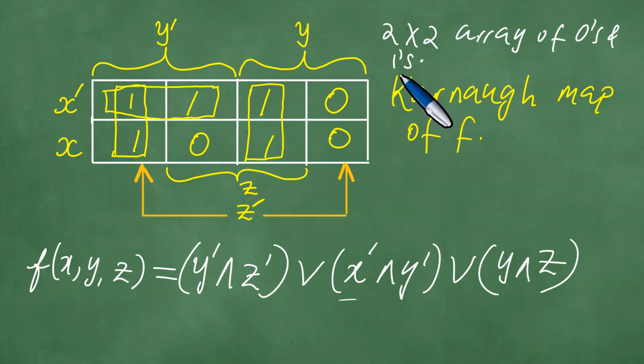Right. So the 2 by 2 array of zeros and ones is called the Karnaugh map of F. So a Karnaugh map of F by definition is a 2 by 2 array of zeros and ones. That is what a Karnaugh map is. Next question.